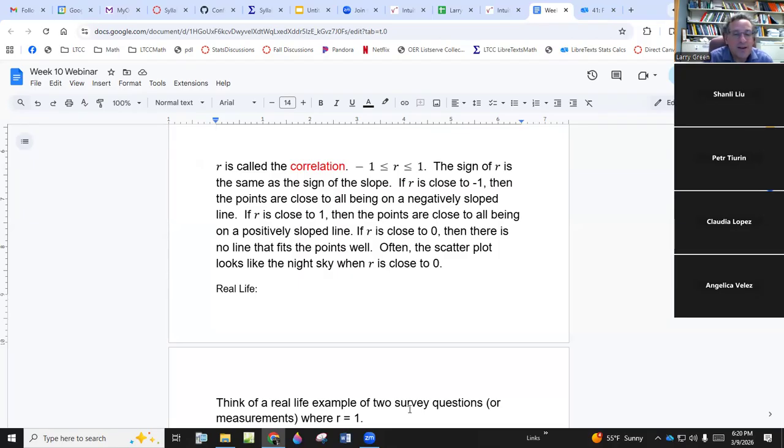So when is there not variation? Variation maybe is what you meant? Yeah, that's not when R is 1, by the way. I mean, if there's no variation at all, then you don't do regression analysis.